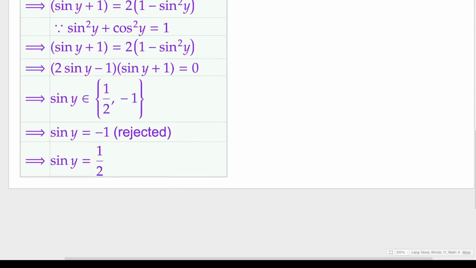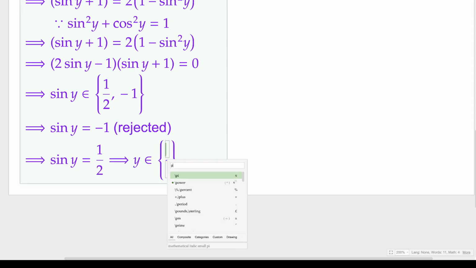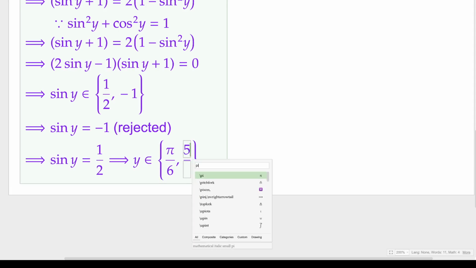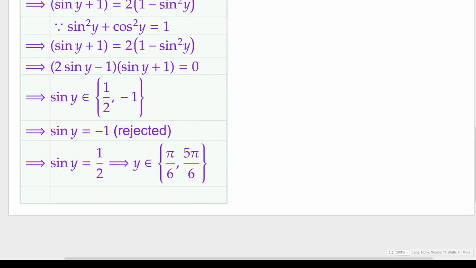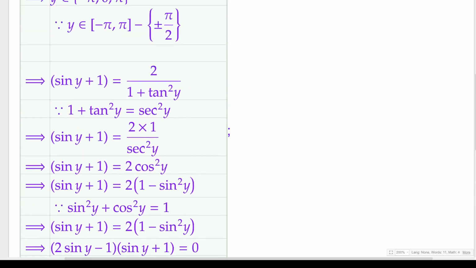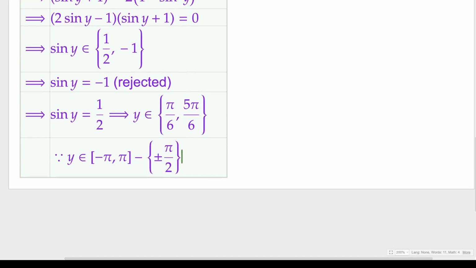Now if that is the case, then y will belong to this set, that is pi over 6, positive, and then the other one would be 5 times pi over 6. So these are the acceptable values, and it's very obvious why some of them got rejected and some got accepted. So I can jot down this particular reason that is given in the problem statement itself.